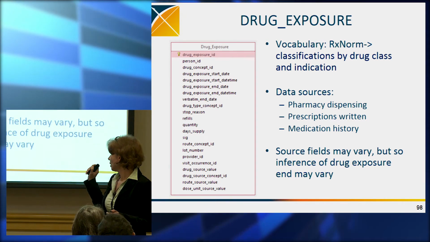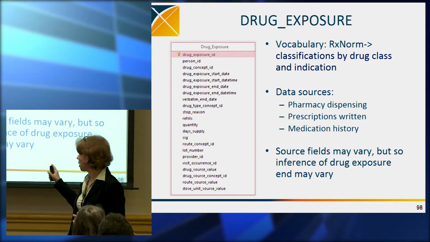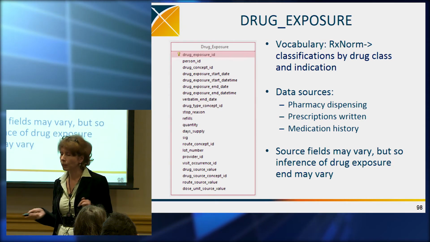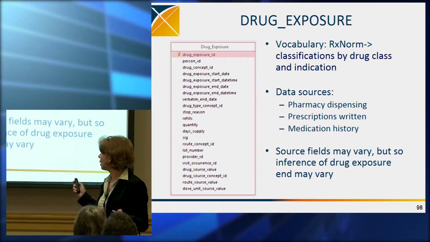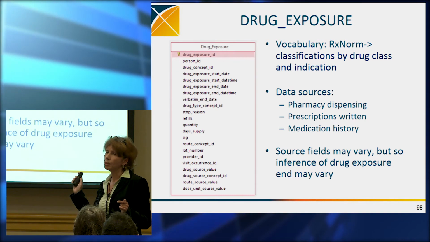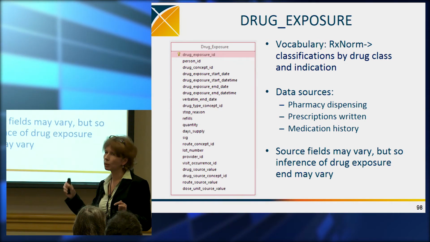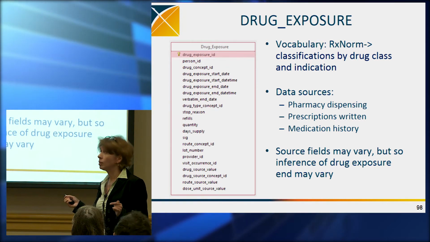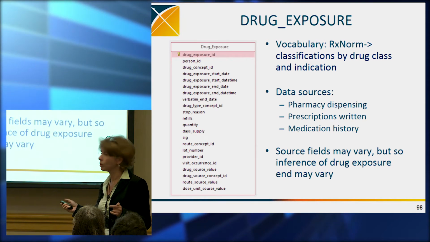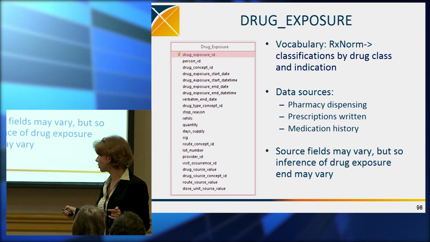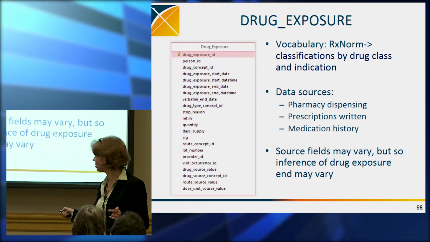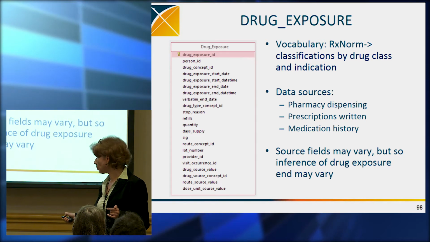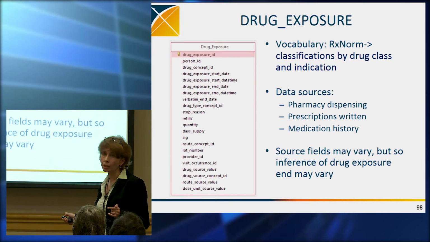I don't remember what the SIG is. The route of drug, the orally or topical drugs, the lot number, and this is also a specific indicator on the prescription. Provider who prescribed the drugs, whether the drug prescription was associated with a certain visit. Occurrence ID, not necessarily, again, not required. And then the source value containing the drug provenance information.